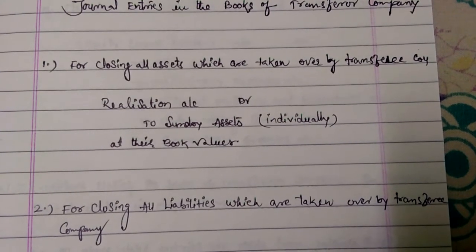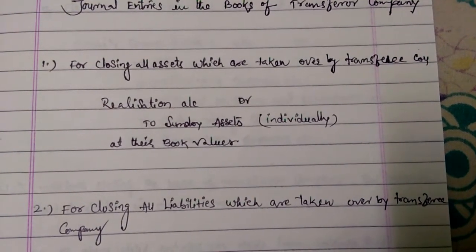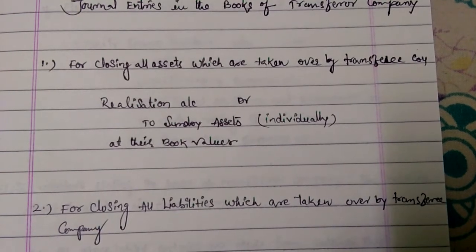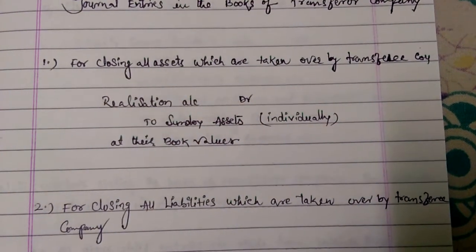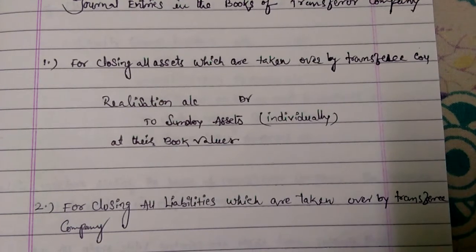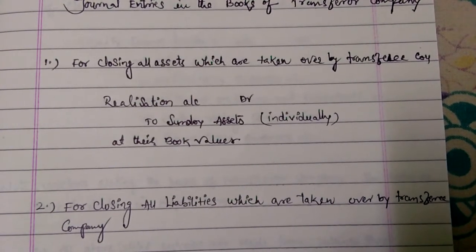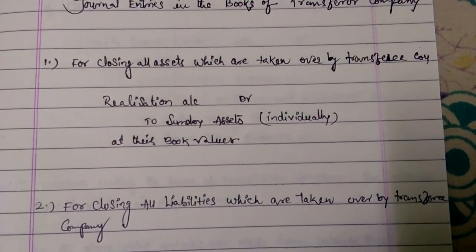Of course, in the balance sheet there are sundry debtors, stock, bills receivable, furniture, land and buildings.